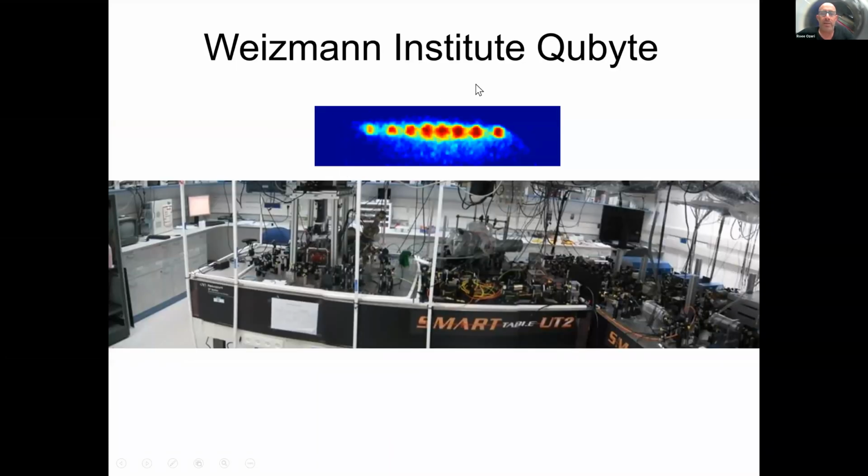What you see here is the first and only quantum computer in Israel. It's the Weizmann Institute quantum computer using trapped ion technology. So again, 8 qubits, but these 8 qubits are accommodated in this relatively large machine. So again, these quantum computers are not likely to fit inside your smartphone anytime soon.